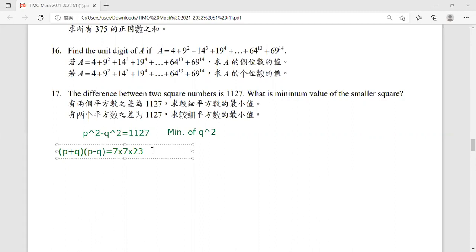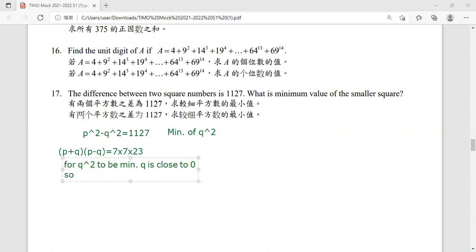But if I want to make Q squared smaller, then I will have to make a small Q, which means close to 0.